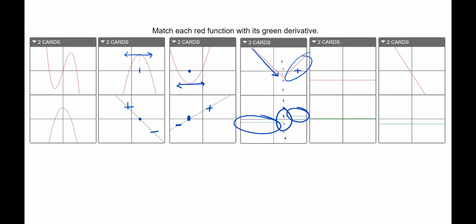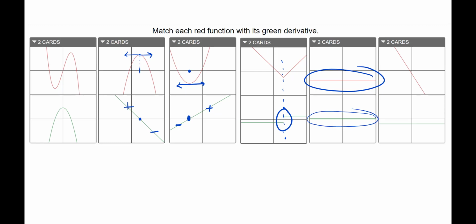Therefore, we have a constant line graphed here. All right, now our last two here. This is a constant function. There is no change. Therefore, the derivative is 0, which you can see we just have the horizontal line here graphed at 0. And our very last one, it's also linear.